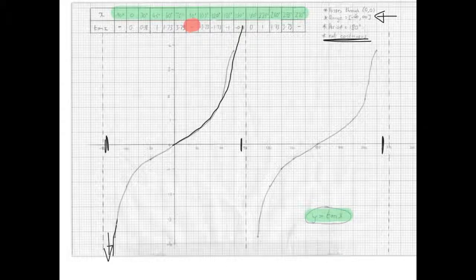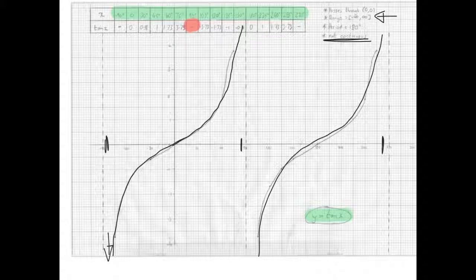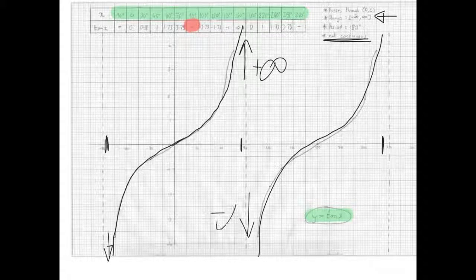So when you're plotting tan, you will draw lines that are discontinuous, or they have jumps from plus infinity. It drops suddenly down to minus infinity at 90 degrees, 270 degrees, minus 90 degrees, and so on.